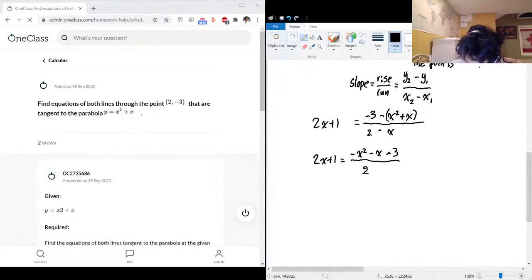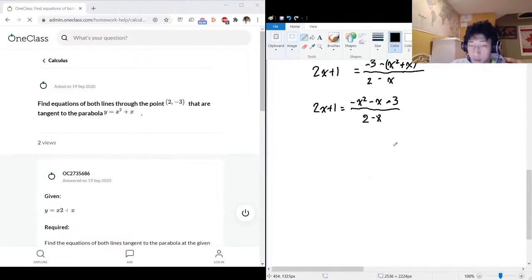And the bottom is 2 minus x. Okay, let's multiply both sides by 2 minus x to get rid of this denominator. So we've got 2x plus 1, and we have 2 minus x, then we have minus x squared minus x minus 3.